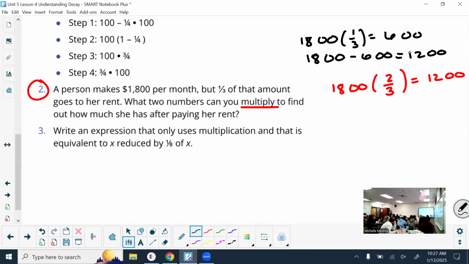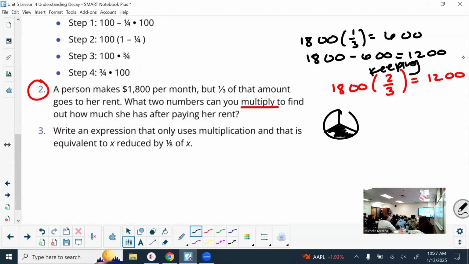Well, if we're trying to figure out how much she has currently versus what she's spending, if I have, say, something split into thirds, and I take away a third of it, how much do I have left? 2/3. So if I multiply by what I'm keeping rather than what I'm spending, and the question is how much does she have after paying her rent, that is just one thing I have to put in the calculator.